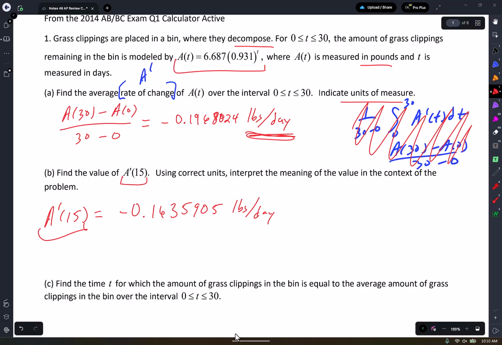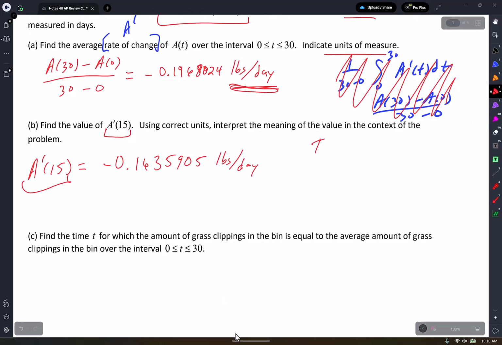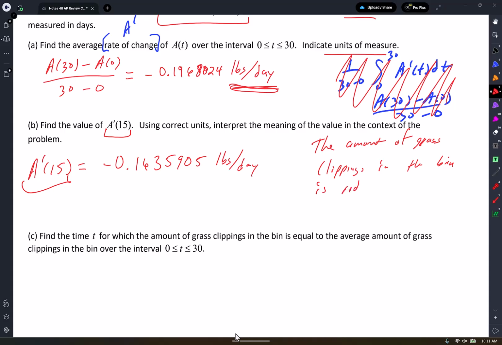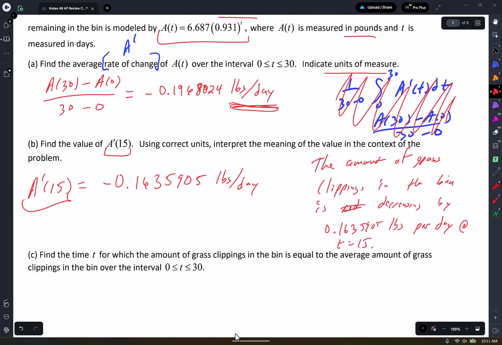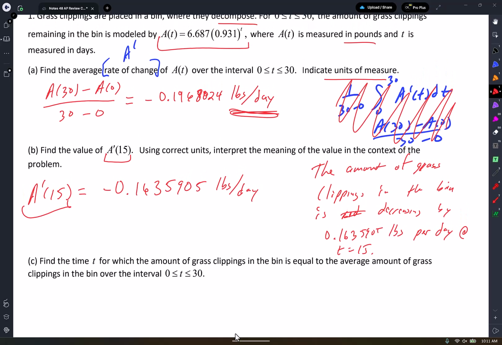So the amount of grass clippings in the bin is decreasing by 0.1635905 pounds per day at t equals 15, the 15th day. Does that make sense to you guys?